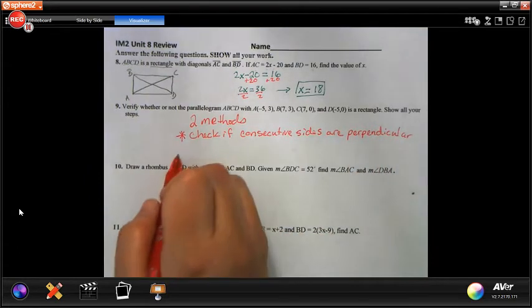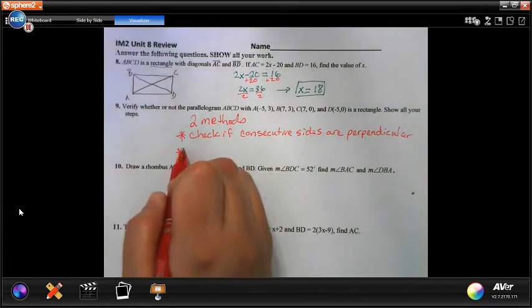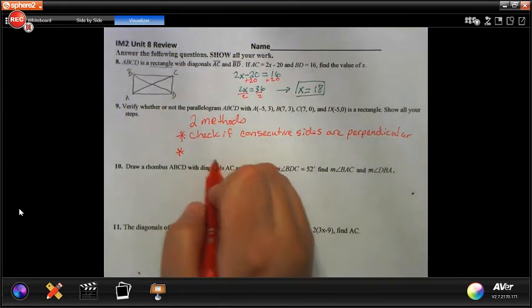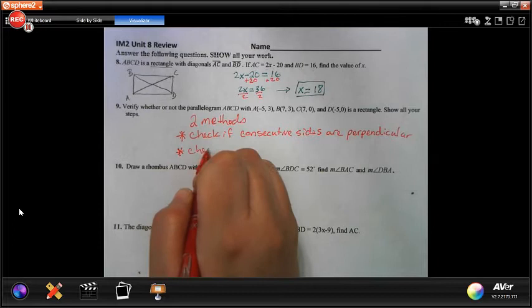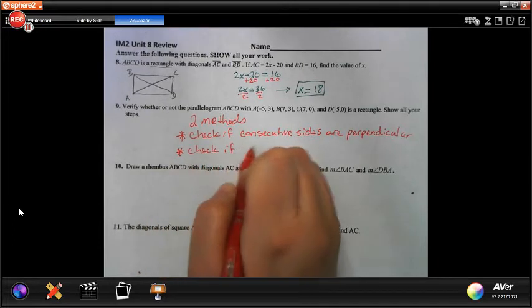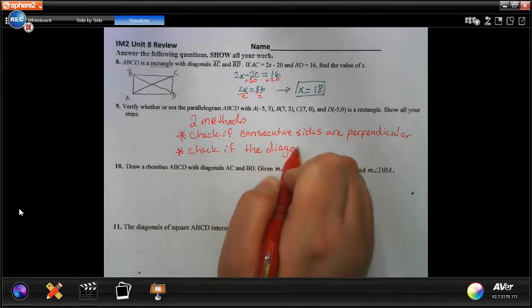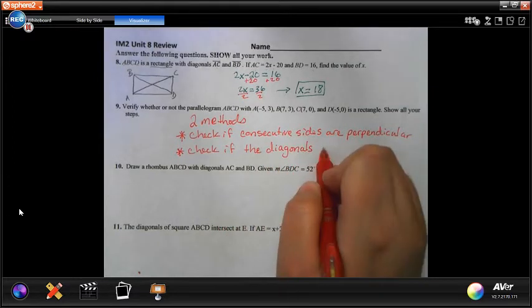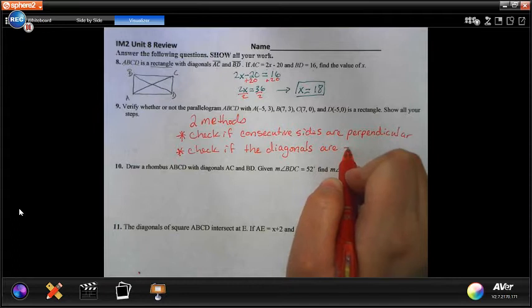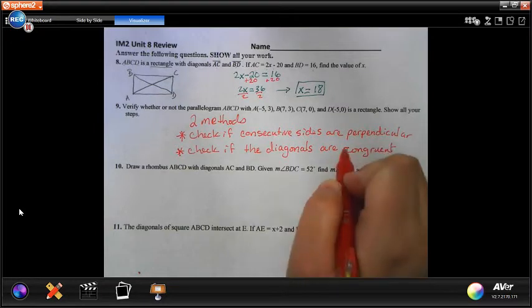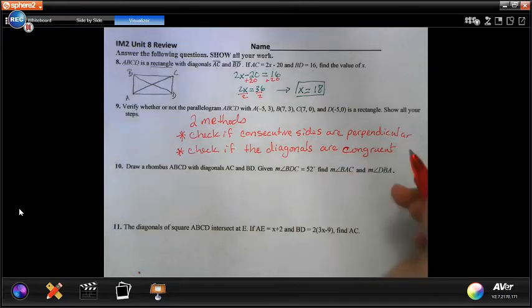The second method from my notes from the rectangle video is check if the diagonals are congruent. I was going to put a congruent symbol, but I thought I'd just spell it out anyway.